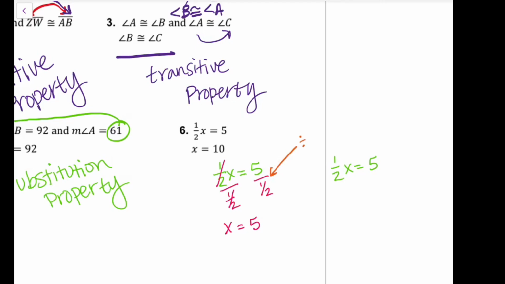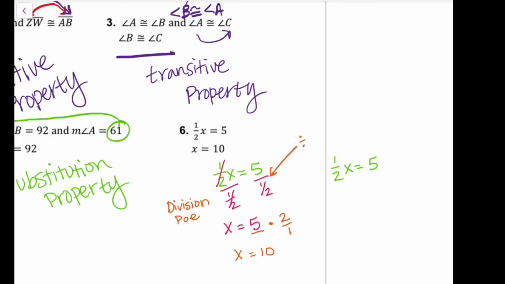With that division sign, I'm dividing some fractions. So I can copy the first number, change the divide to a times, and flip the second one. Copy dot flip. That's how we divide fractions. And 5 times 2 is 10. This we divided. This would be the division property of equality.